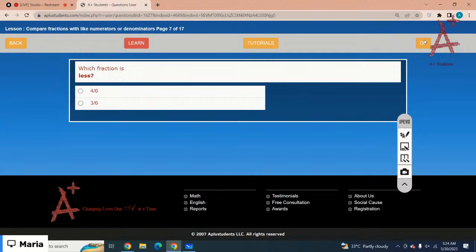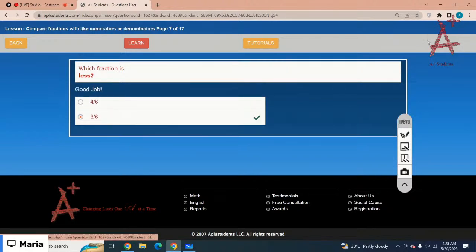Okay, which fraction is less? 4 over 6, 3 over 6. 3 over 6 is less than 4 over 6. Very good.